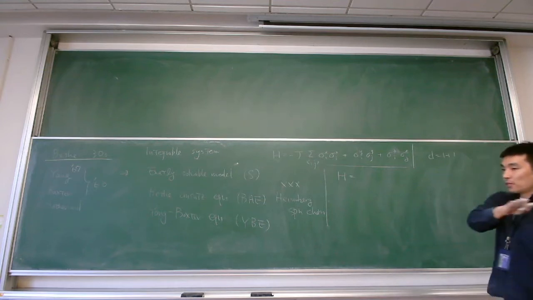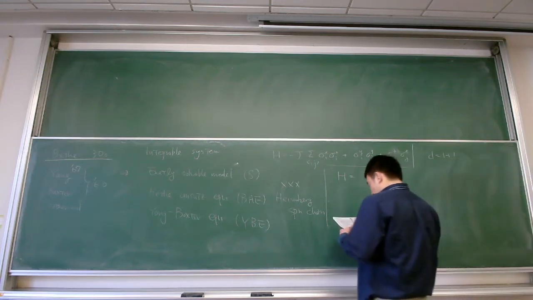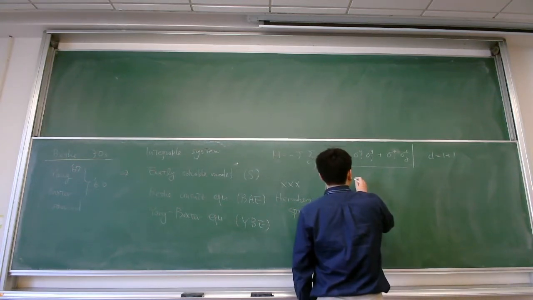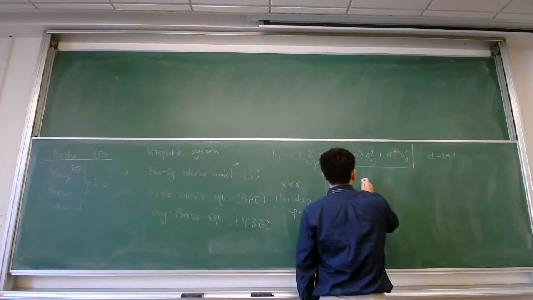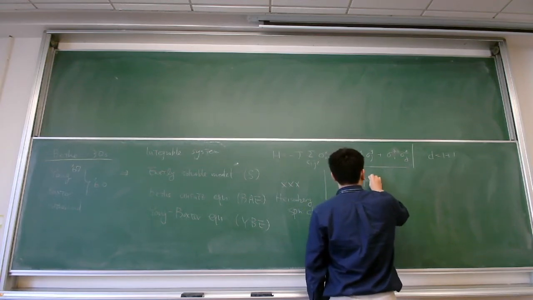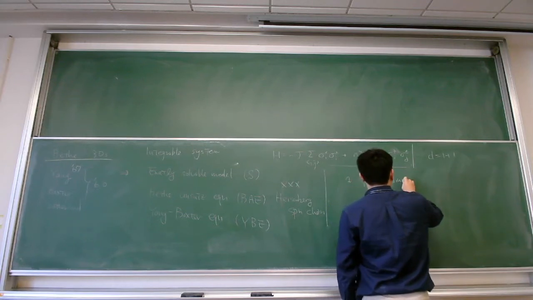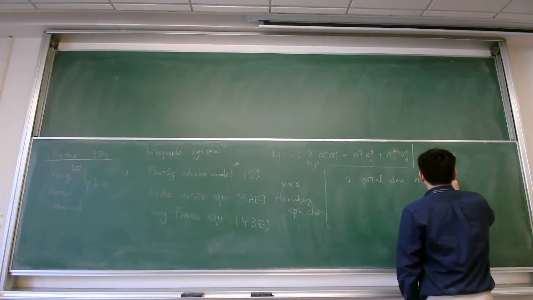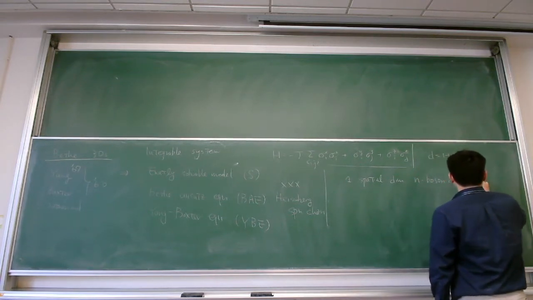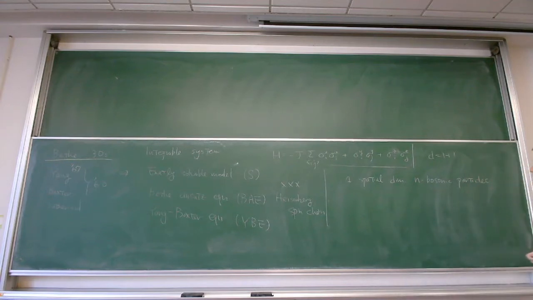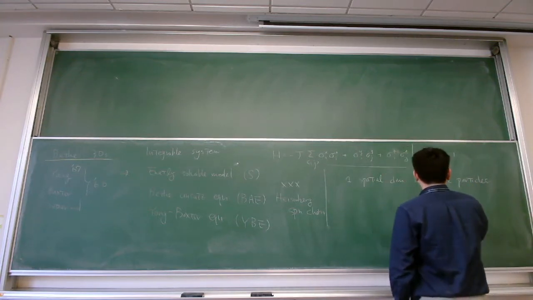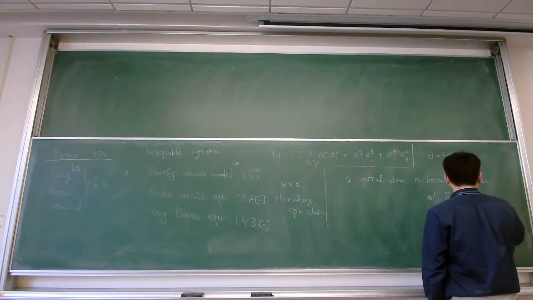Therefore the Hamiltonian is just one-dimensional. You have one spatial dimension, and then you have N bosonic particles with a delta function potential.